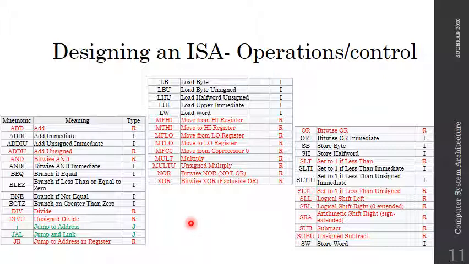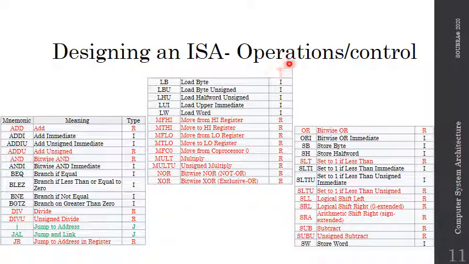Can anyone spot them at all? Oh, alright, I see them now. So the most common ones are LB for load byte and load word, and apparently they're considered to be I, so immediate. How come? Well, if you remember from the previous slides, if I wanted to load something, I need to specify the destination register for sure.